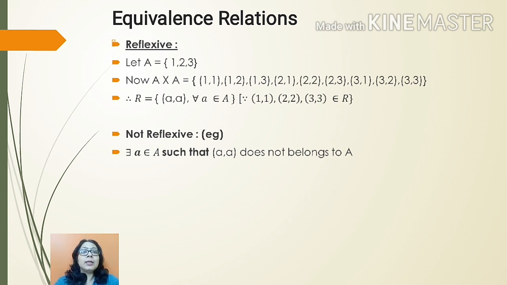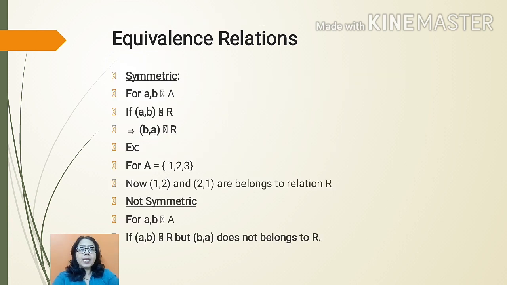The next property is symmetric. For a symmetric relation, if the ordered pair (a, b) belongs to the relation R, it implies that the ordered pair (b, a) also belongs to the relation R. Then we can say the relation R is symmetric.